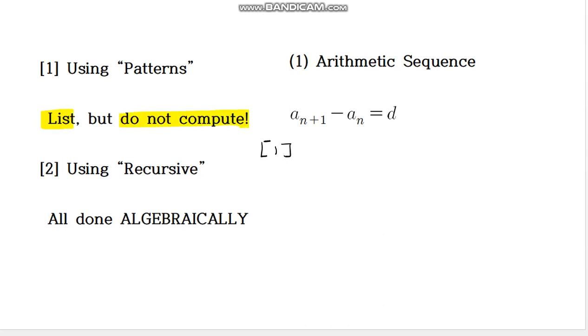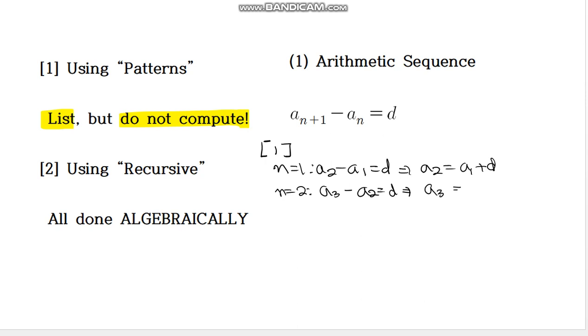First, when n is 1, then you have a2 minus a1 is d. Then a2 is a1 plus d, right? And then if n is 2, then a3 minus a2 is d. If you simplify this for a3, then a3 is a2 plus d, right?